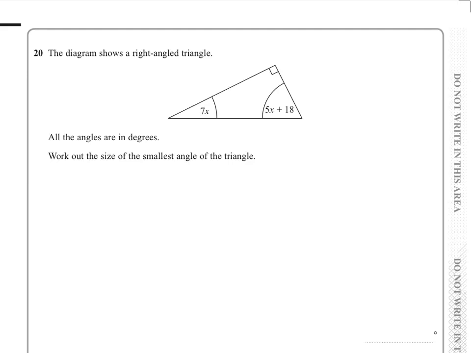Question 20. There's a diagram of a right-angled triangle, and it says all the angles are in degrees. Work out the size of the smallest angle of the triangle. Well, we know that angles in a triangle add up to 180 degrees, so we know that 7x plus 5x plus 18 plus the 90 has to equal 180.